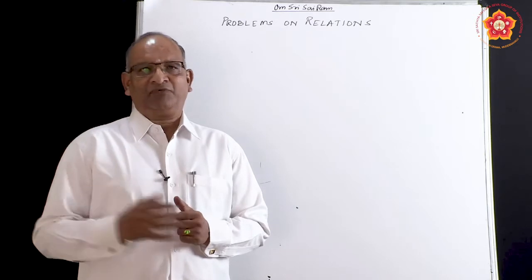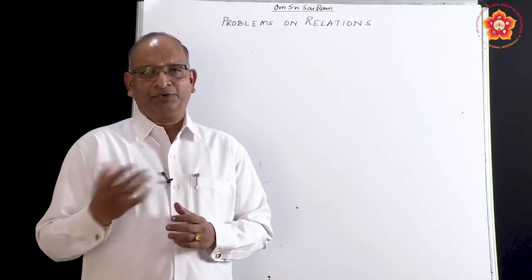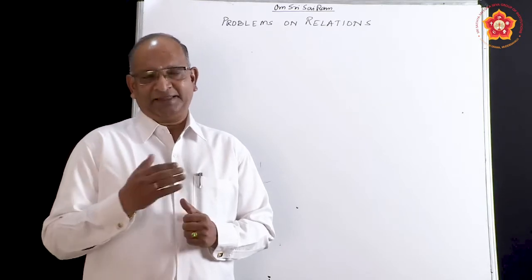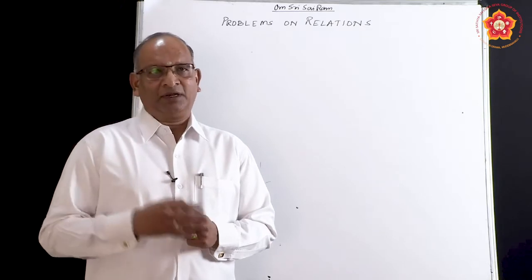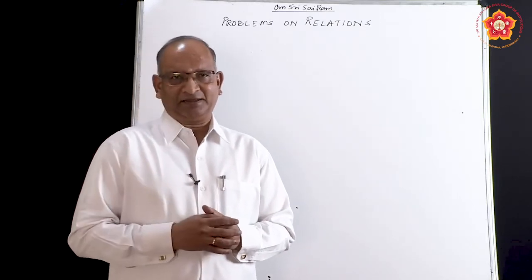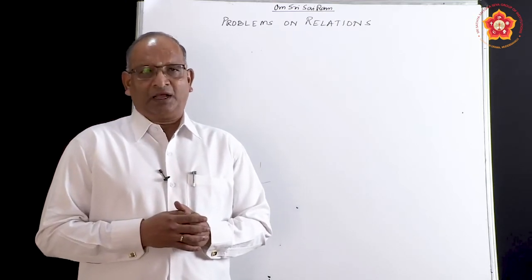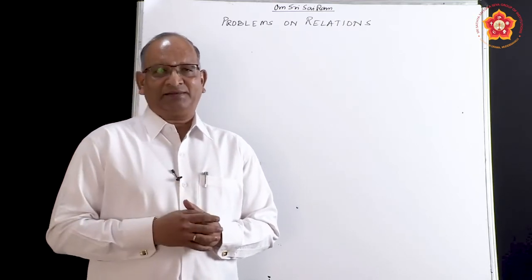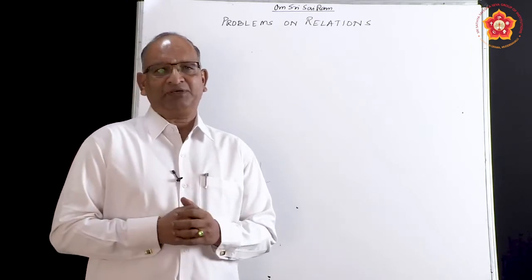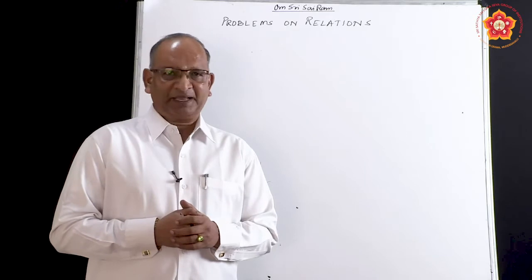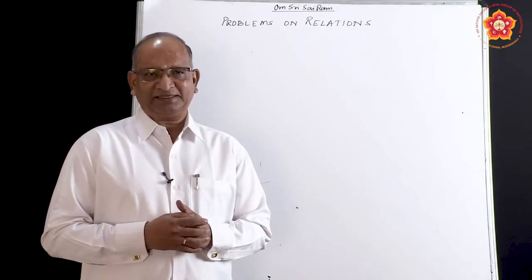Then we have seen various types of relations: empty relation, universal relation, and then we discussed symmetry, transitivity, etc. Let us see how these relations become very simple to understand when we apply them in solving problems. So let us begin with one of the problems of the exercise.